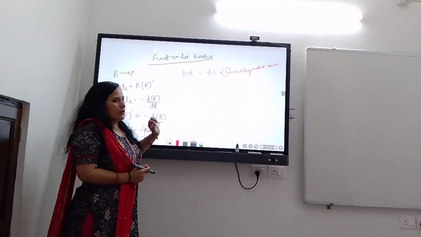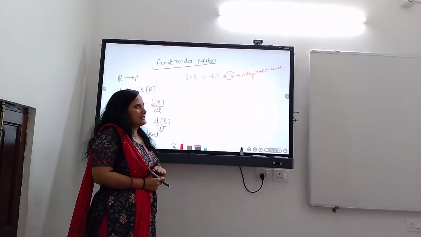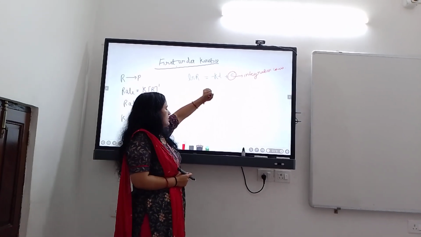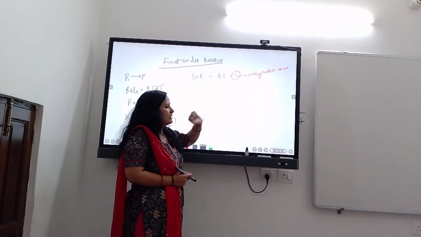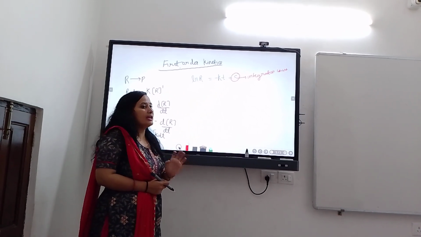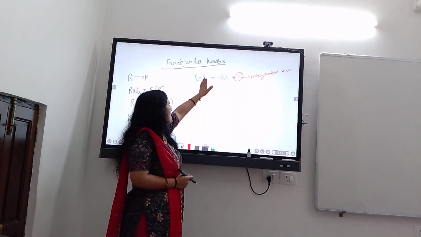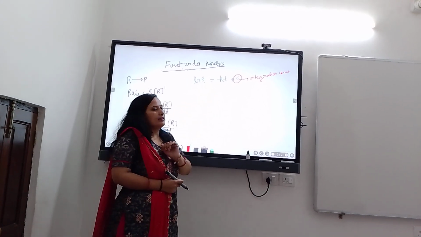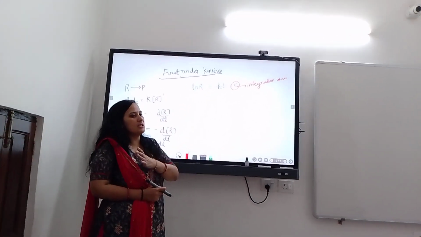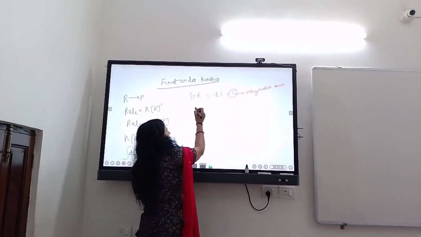We can easily find out the value of integration constant c by using the condition t is equal to 0. Initially, when the reaction is not started, the time t is equal to 0 and R will be equal to R0. That is, R0 is the initial concentration of the reactant molecules.